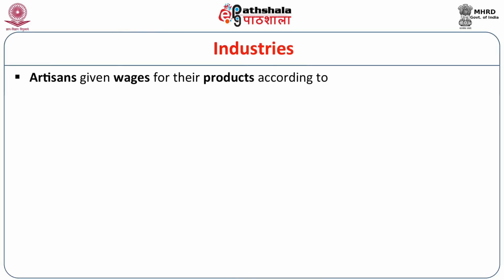Number 3, industries. In connection with industries, we find artisans given wages for their products according to quality and quantity. What they produced, in return for that production, they used to get wages.